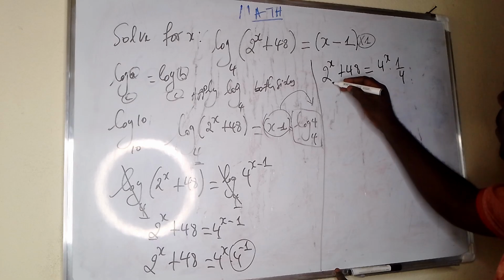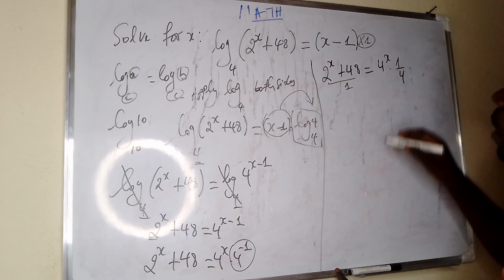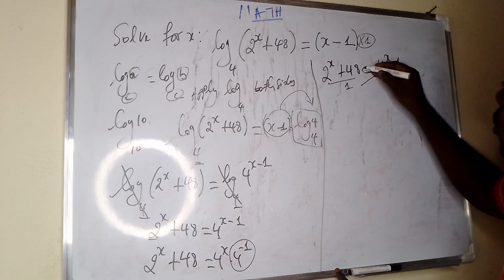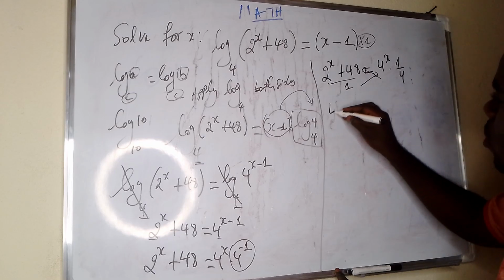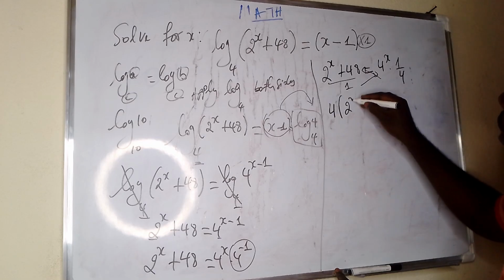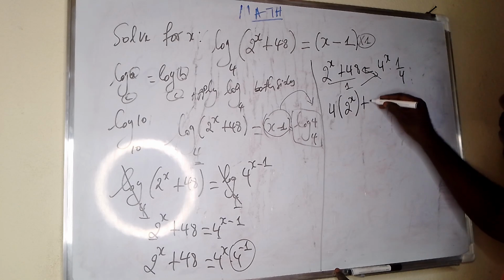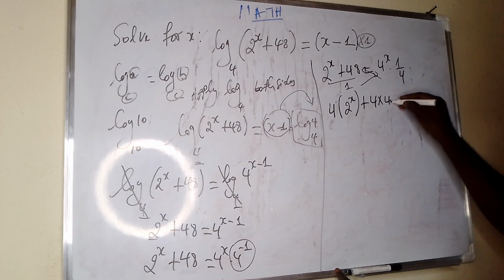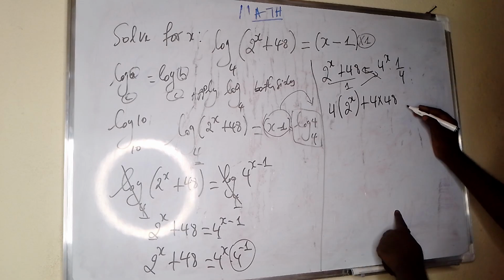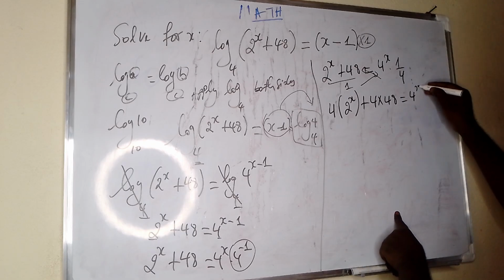When we multiply both sides, as we assume that here is 1, then we make a cross product, we will get 4 times 2 power x plus 4 times 48. And this is equal to 4 power x.